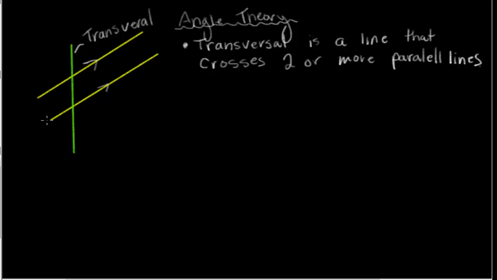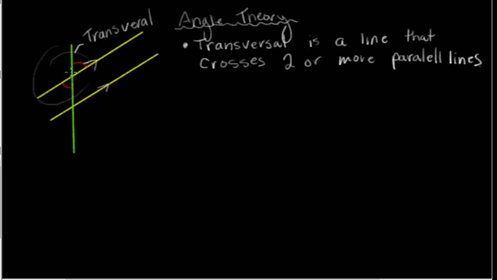Okay, now there's some patterns that develop when we're looking at these two concepts. So first off, notice that we have an intersection, or two intersecting lines. Intersecting lines have certain properties. If we look at this first intersection, we have an angle measure here and an angle measure here.